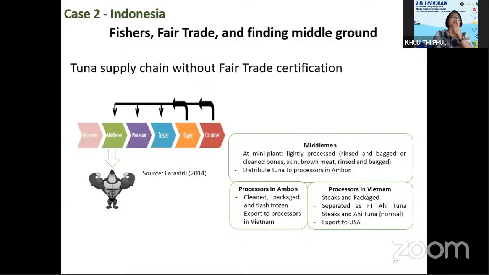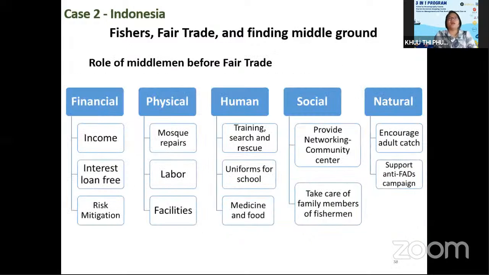Remember that middlemen have very strong power. Before fair trade, the middlemen not only provided financial, physical, human, social, and natural capital to fishermen.